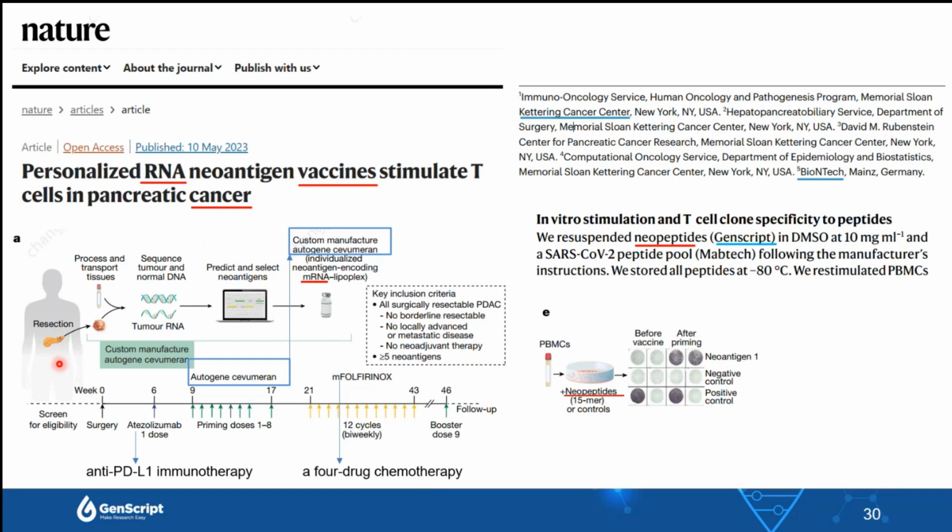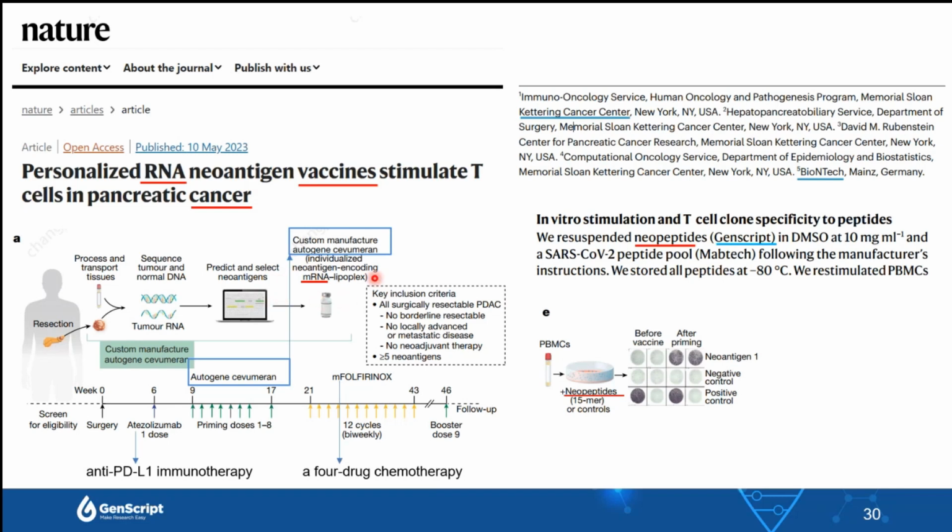So first, we get the tumor, and then we transport the tissue and sequence the tumor and normal DNA, using AI technology, like I mentioned, to predict and finally select the neoantigens.